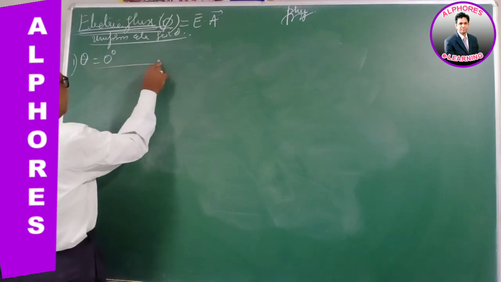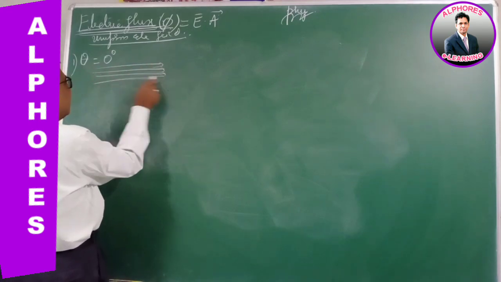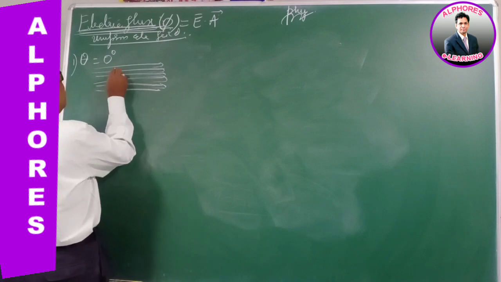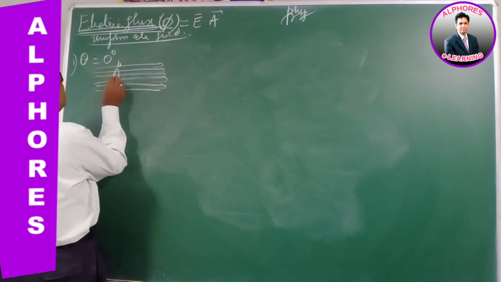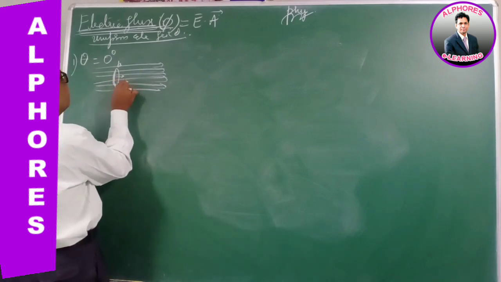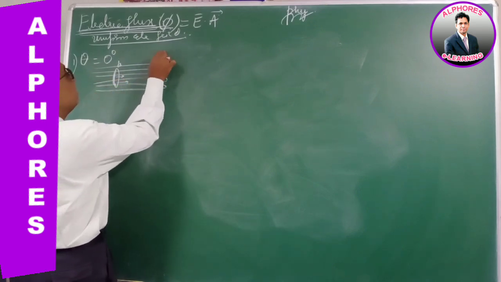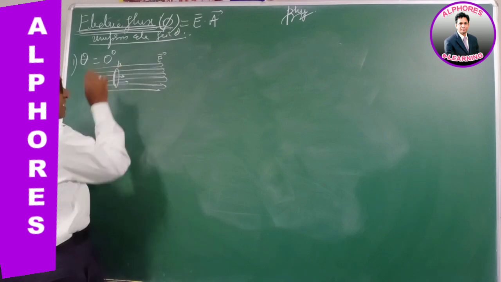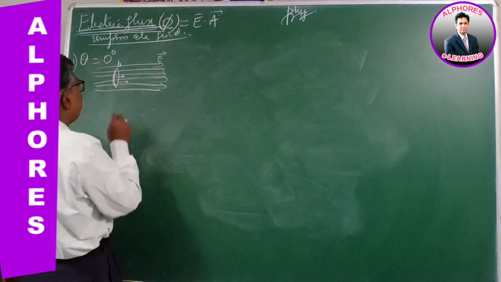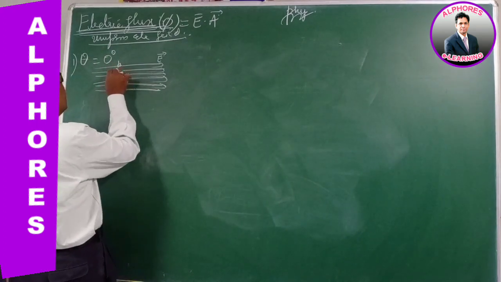That is, the electric field is like this, and the small area element which I have considered, ds, is also in this direction. Both are in the same direction. So this is the E vector and this is the ds vector, the area vector.